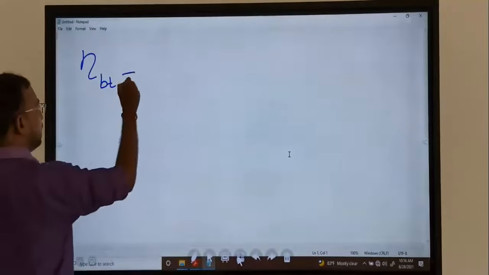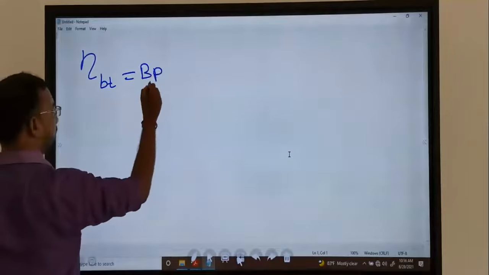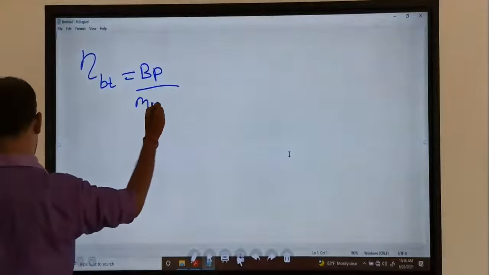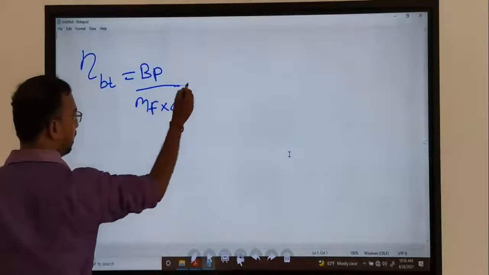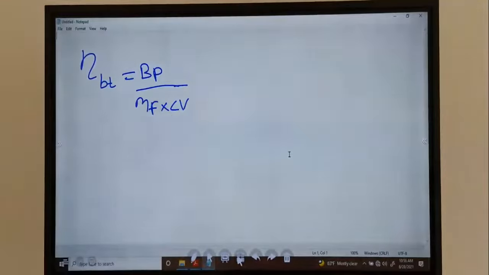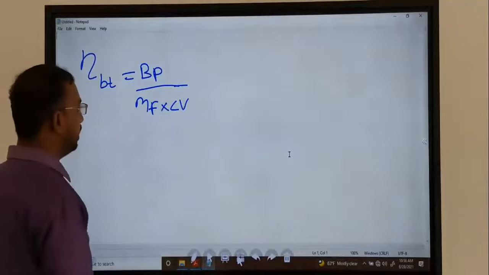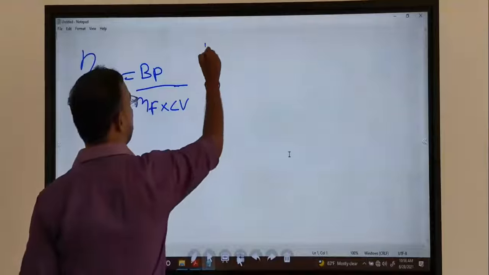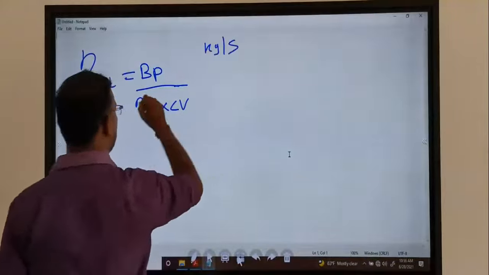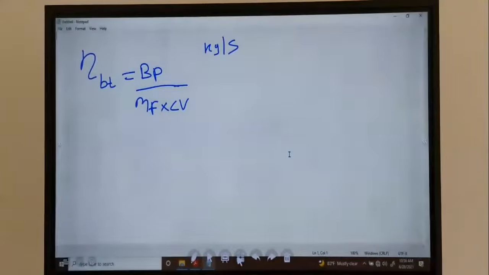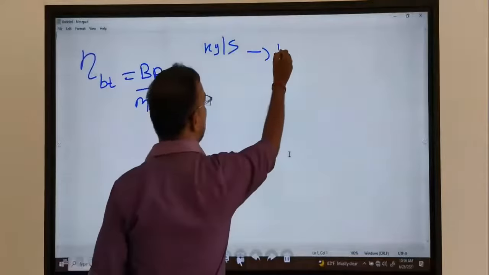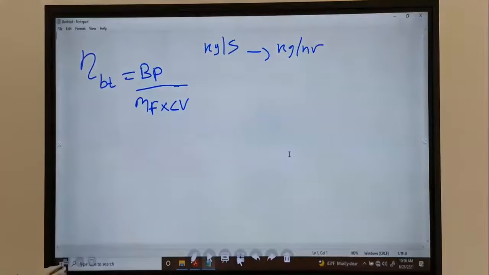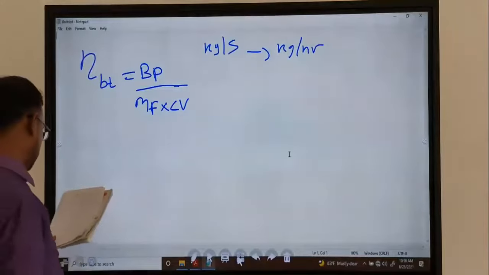The brake thermal efficiency equation is BP over MF into CV. The MF value comes in kilogram per second in this equation, and then we have to convert it to kilogram per hour. This is the thing we have to remember.